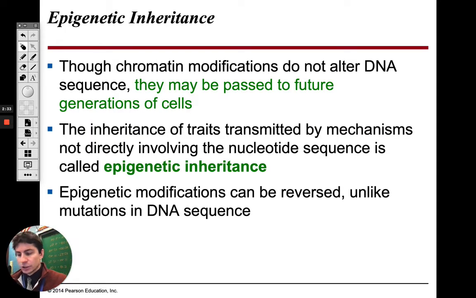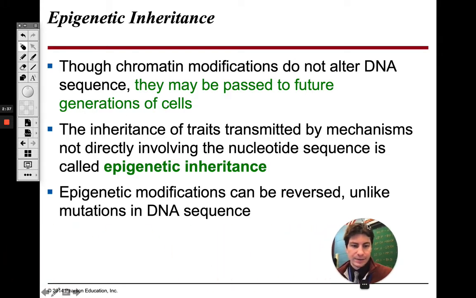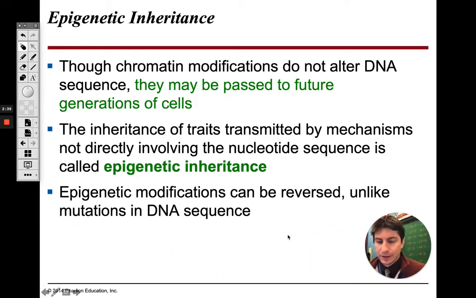Okay, so epigenetic inheritance. And there's a video on this, guys. I will post that video for you. The inheritance of traits transmitted by mechanisms not directly involved in nucleotide sequence is called epigenetic inheritance. Epi means above, so this is above genetics.